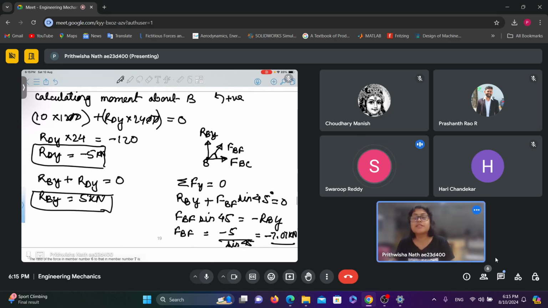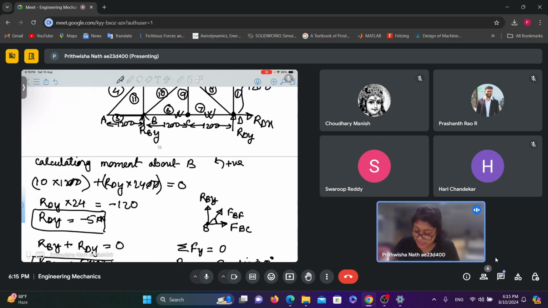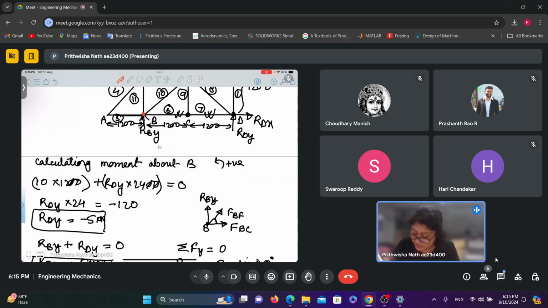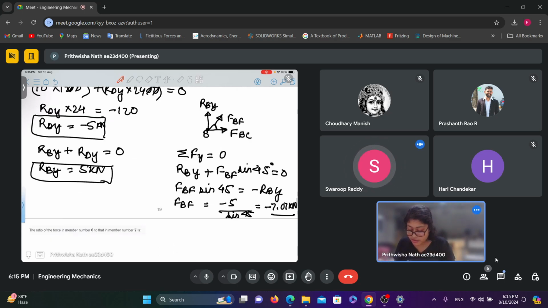Now, joint B itself, we can compute the force in member 6, right? So this is my joint B. So from here only I can find the force in this member, member 6, just by considering the force along x direction.